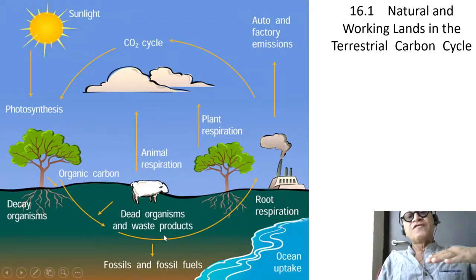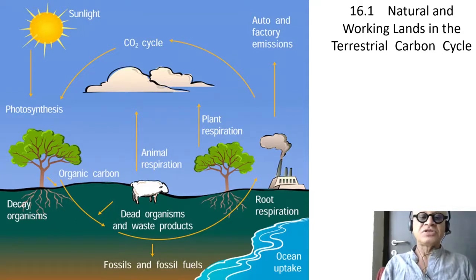Anytime you go deep enough and there is not enough oxygen and there are no aerobic or anaerobic microbes to digest or respire the organic matter, it's going to become coal or oil or natural gas and so on, depending on the conditions. Dead organisms and waste products also join the hydrocarbon pool.